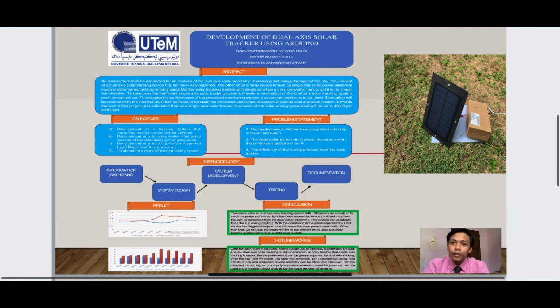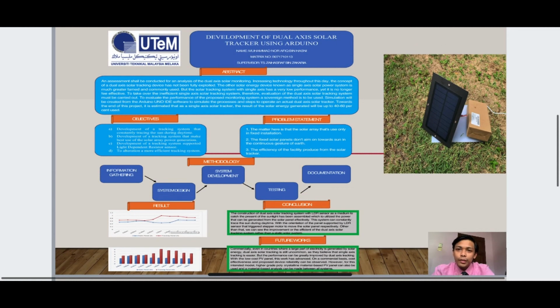So the third is system development. After designing the circuit and developing the coding, we have to assemble the components used in the circuit. This part is about soldering the components and completing the circuit on the board.